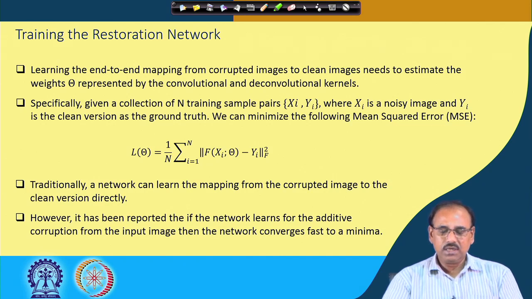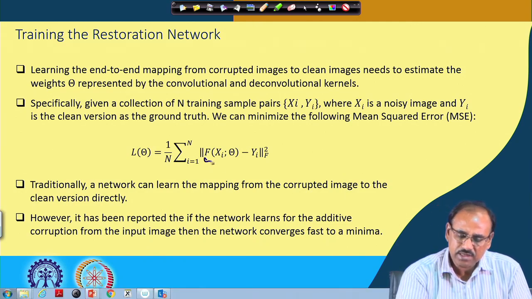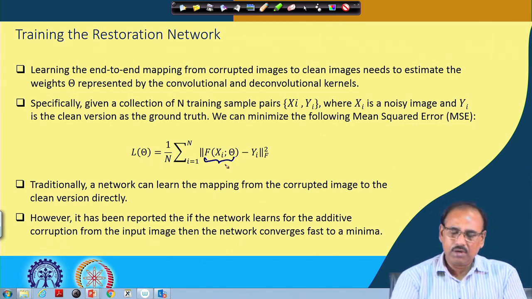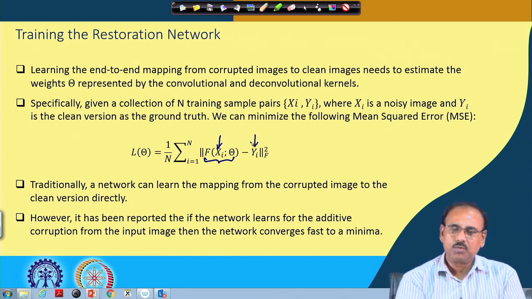My loss function is f(xi, theta) minus yi, where f(xi, theta) is the image restored by the neural network, xi being the noisy image and yi the corresponding clean image.